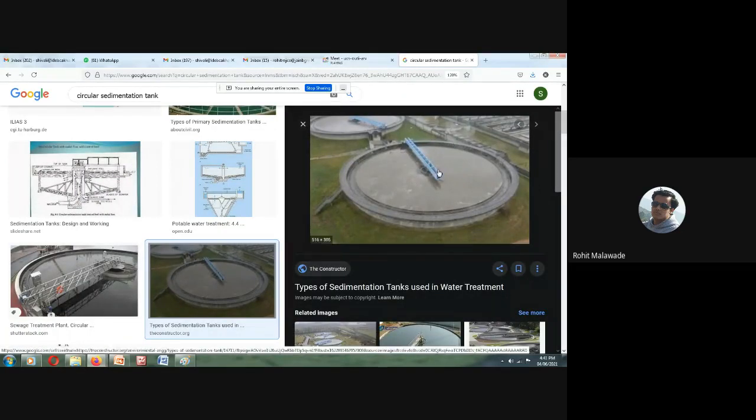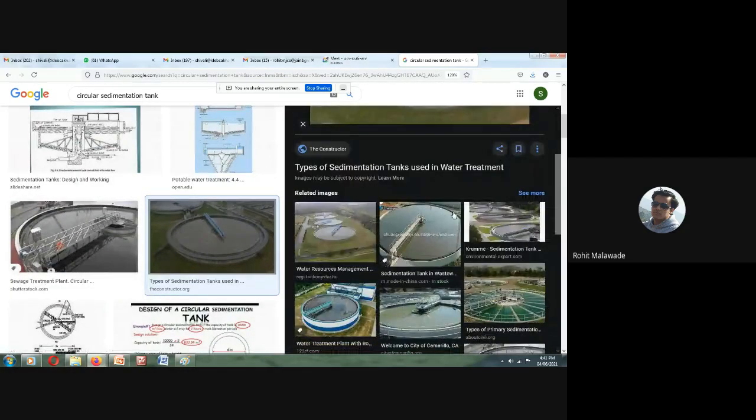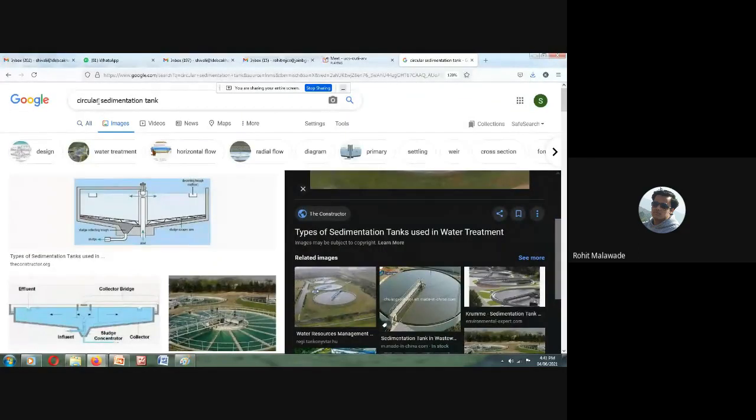Here you can see these are the circular sedimentation tanks. We'll see some rectangular sedimentation tanks also.